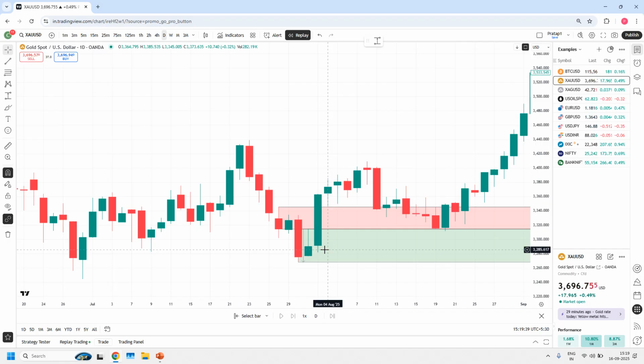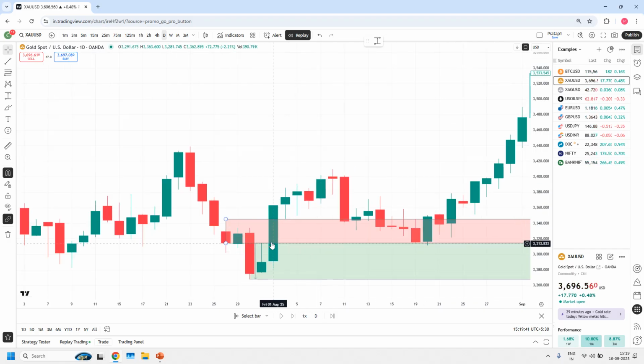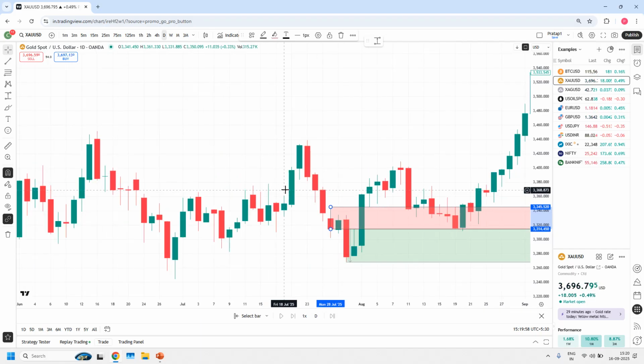By violating this supply zone, this demand zone got the zone achievement. What is that zone achievement? VOZ, violated opposing zone. This supply zone is the opposing zone to this demand zone, the opposite side zone. That's why by violating its opposite side zone, it got a zone achievement, violated opposing zone.